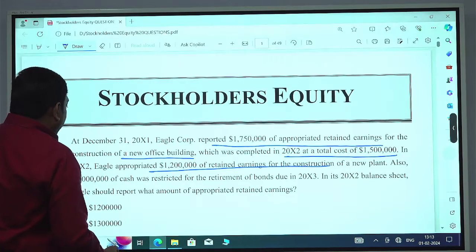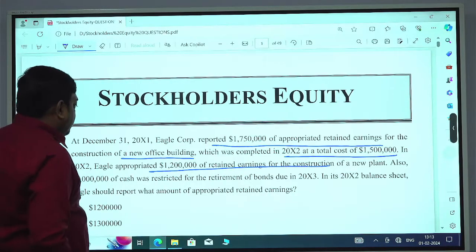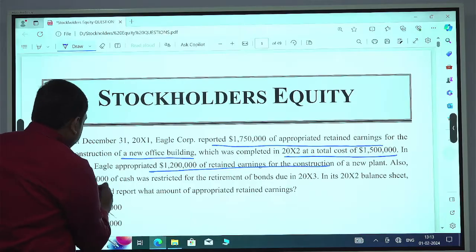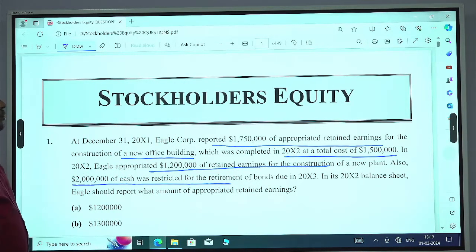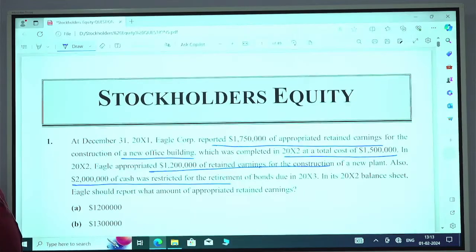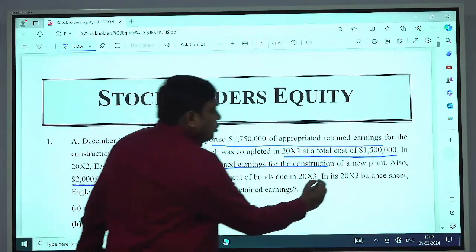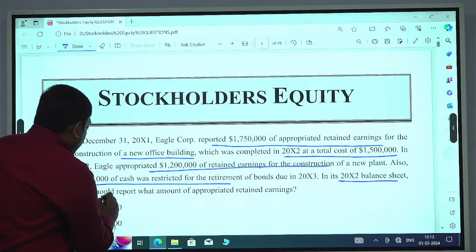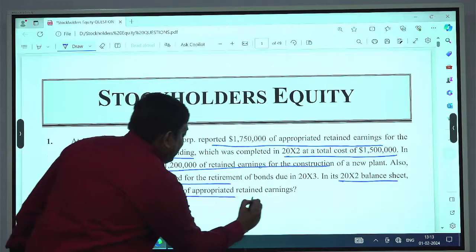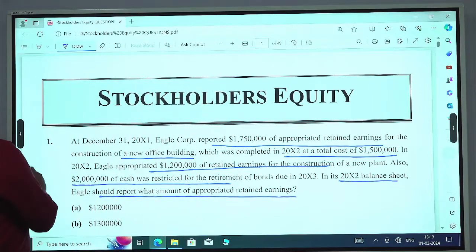Also, 20 lakh of cash was restricted for the retirement of bonds due in 20x3. So in the 20x2 balance sheet, how much should Eagle report as appropriated retained earnings?